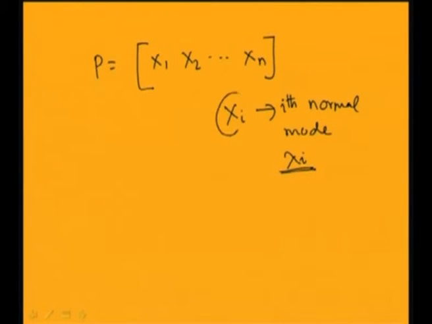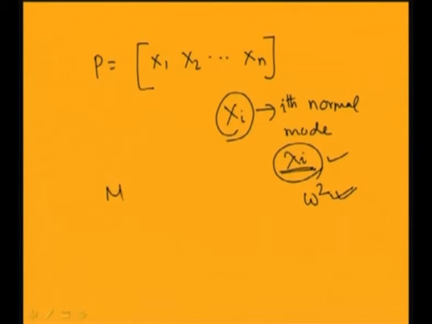So this is the eigenvector of the ith mode and this is the eigenvalue corresponding to the square of the normal mode frequency. This eigenvalue can be obtained either by the flexibility matrix method or from the stiffness matrix formulation.